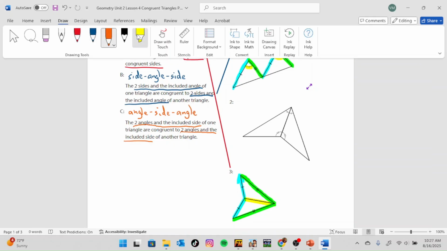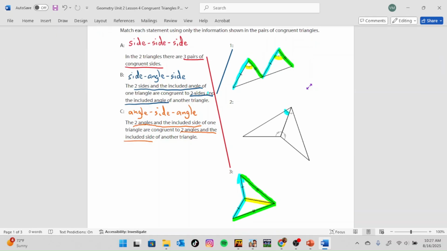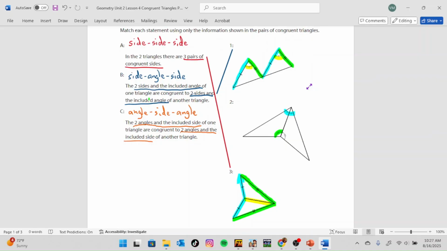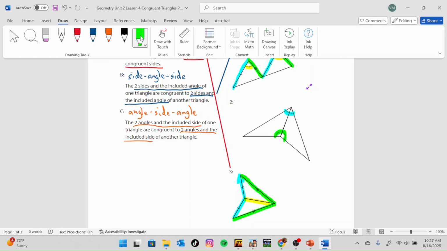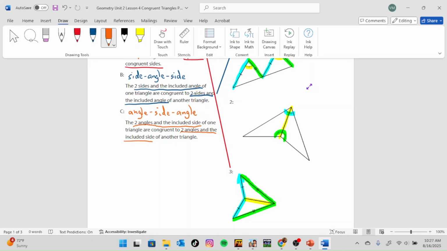So now if we look, they're telling us that this angle and this angle are congruent to each other. They're telling us this angle and this angle are congruent to each other. And then we can see that the triangles share this side. So that must be congruent because they're the same exact line. Therefore, number 2 is the example of angle, side, angle.